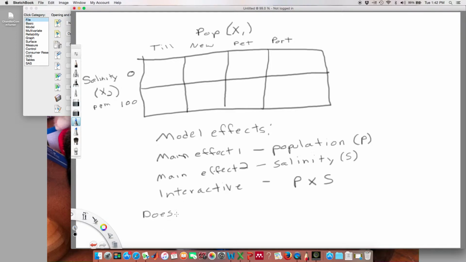So, does the effect of salinity on mollusk shell growth differ among populations?